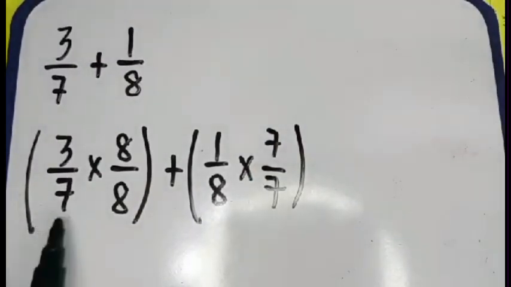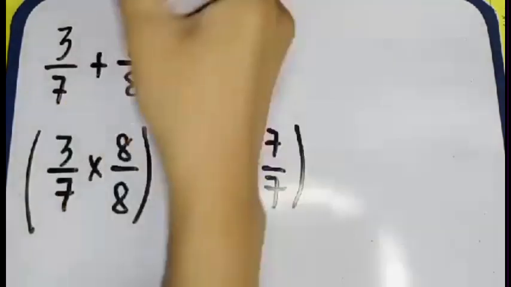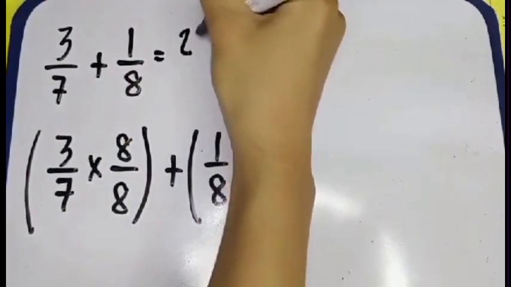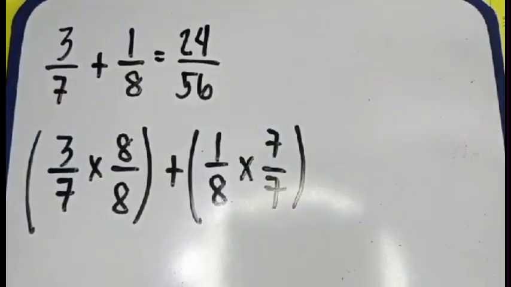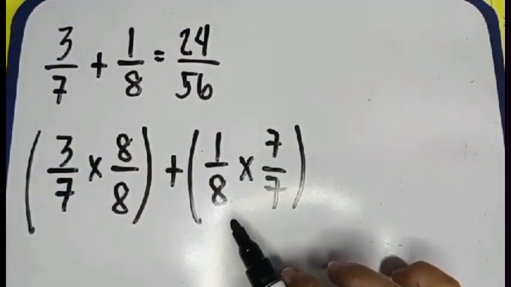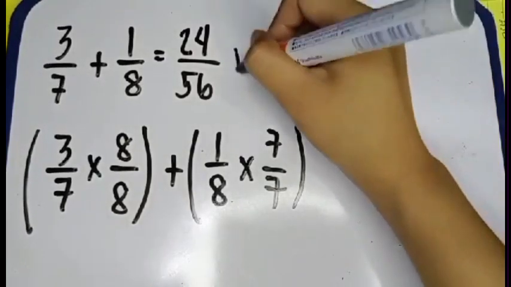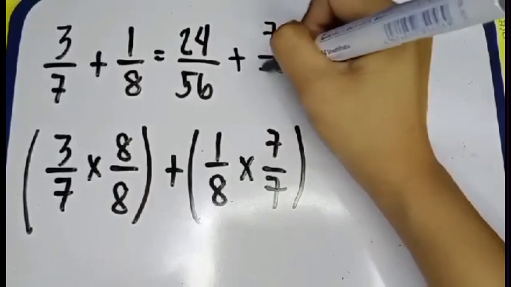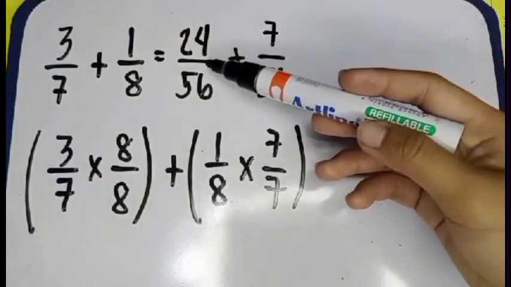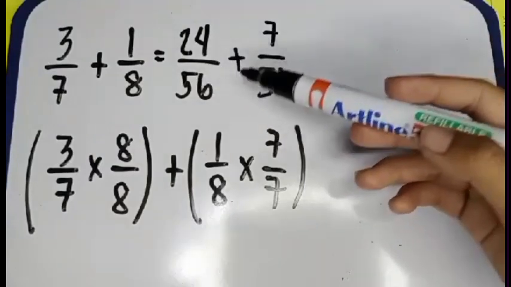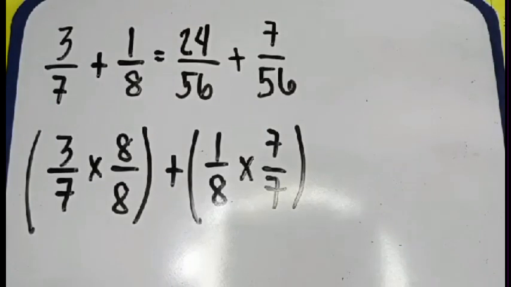Therefore, 3 over 7 times 8 over 8 is equal to 24 over 56. While 1 over 8 times 7 over 7 is equal to 7 over 56. 24 over 56 plus 7 over 56 have the same denominators.